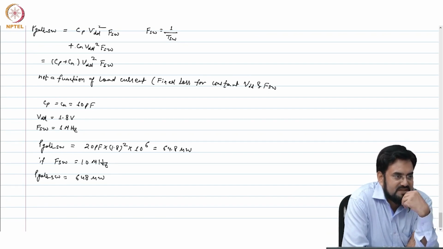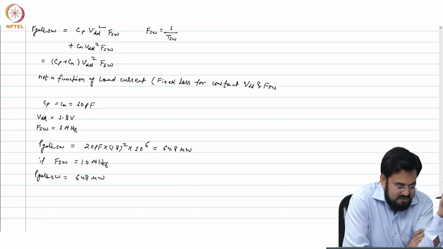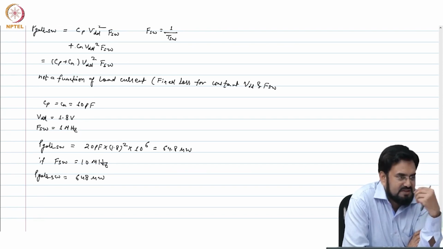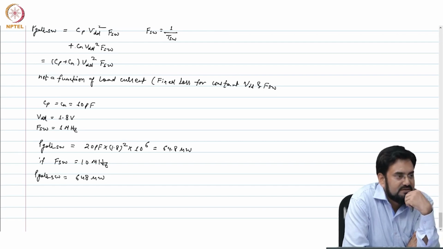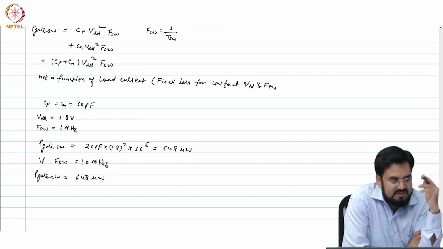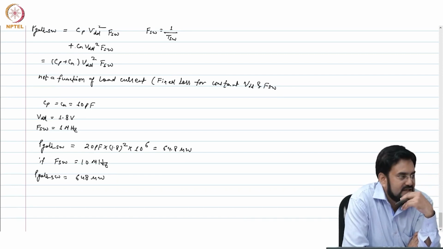So what will be the efficiency? Less than 50%. Okay. In fact, it will be 35% also. So the efficiency is too low. But if you switch at 1 megahertz, then your efficiency is boosted, like more than 90% also.